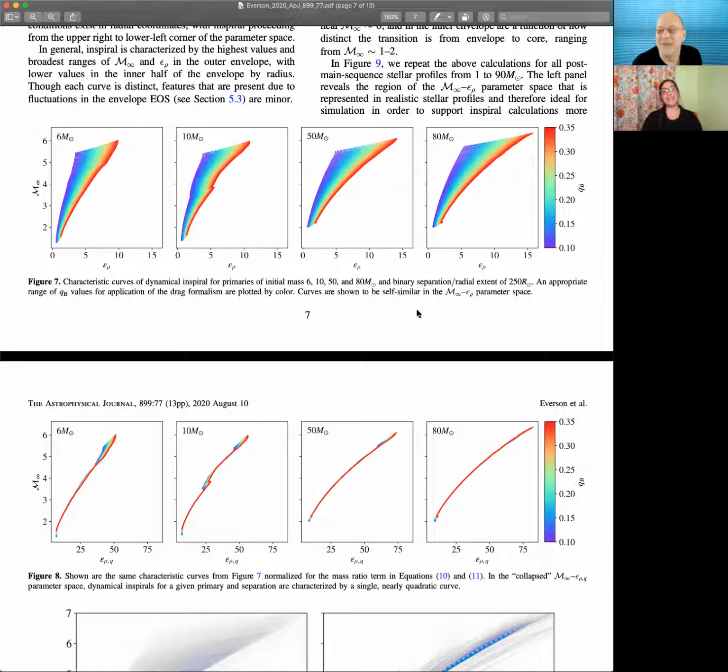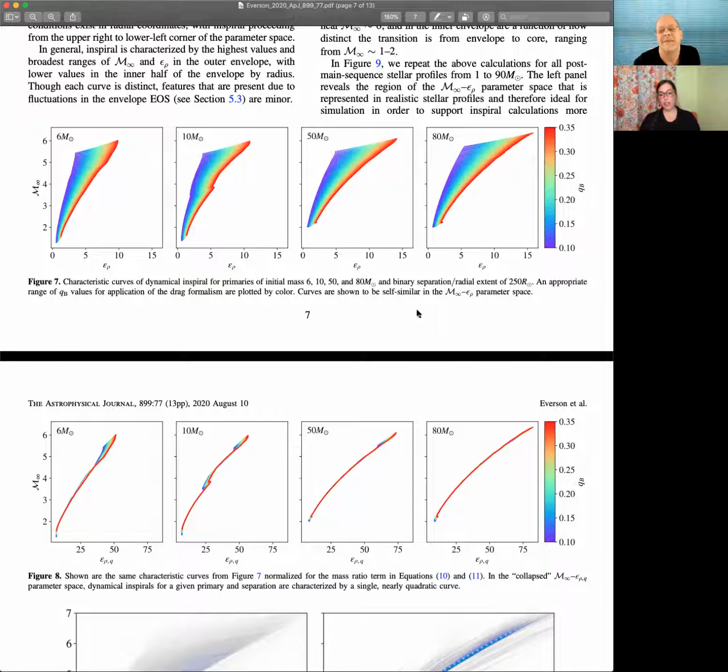And upon looking at these beautiful fans that they create, I began to ask myself, these are realistic stellar models that have more going on in the envelope than a polytrope. But they all look extremely self-similar. And I thought, what if we try to collapse these down?